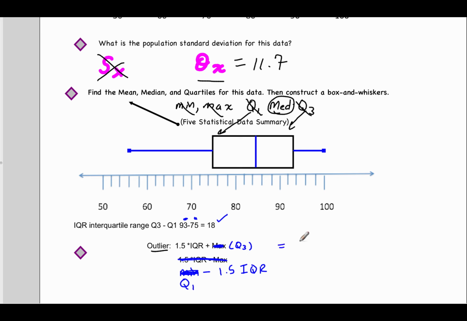So 1.5 times my interquartile range of 18, it's 18 plus 9 is 27. Now, if I take 27 and add that to 93, because that was my quartile 3, I get 120. So anybody who's 120 and above is an outlier.